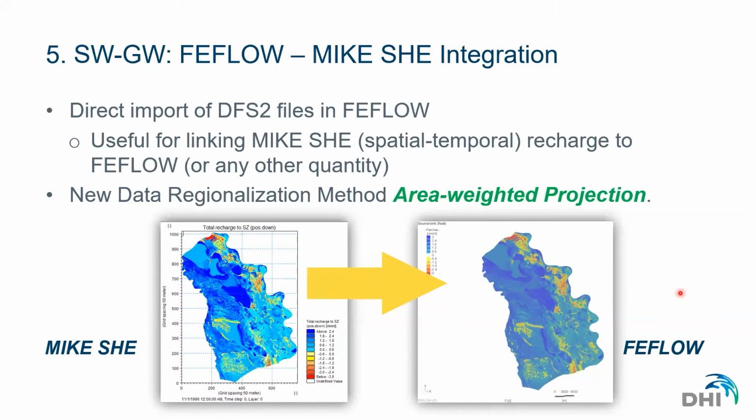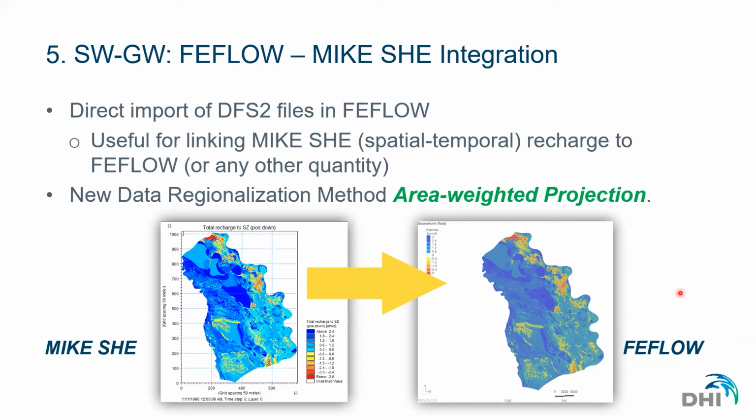You could have any other quantity from MIKE SHE that you can put into FEFLOW. We were discussing in the webinar two days ago with one participant, and the idea came that maybe it could be a case of water quality. Maybe it could be leakage of nitrates in irrigation or agricultural zones. MIKE SHE can do all this vegetation stuff quite well. So we can also get these nitrate infiltrations or percolations, and then use them later in FEFLOW for a calculation.